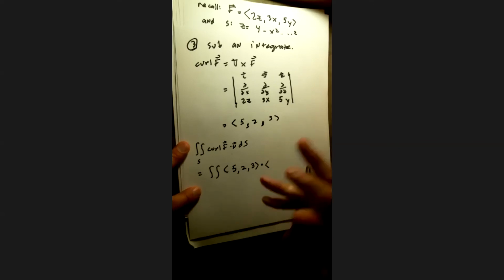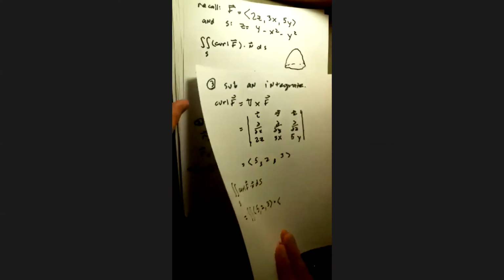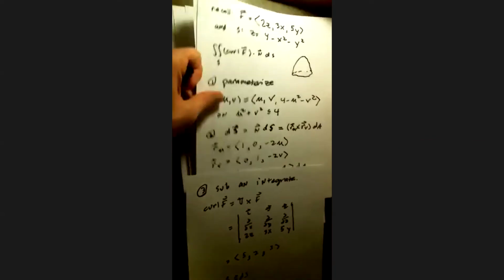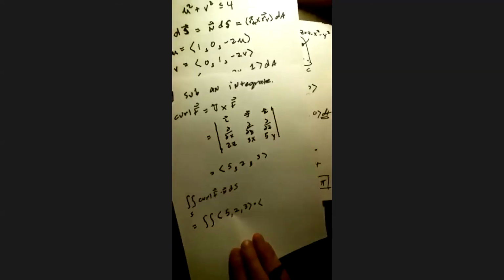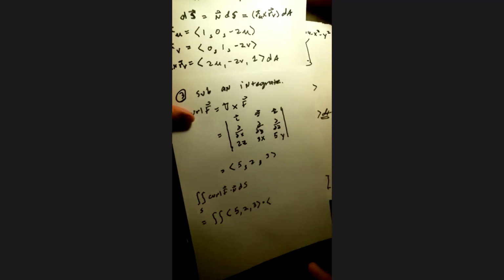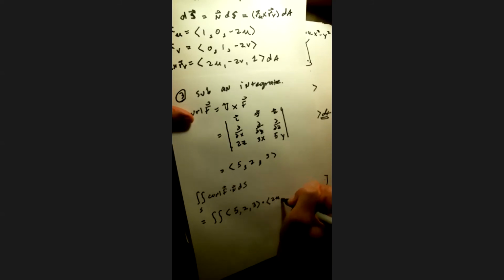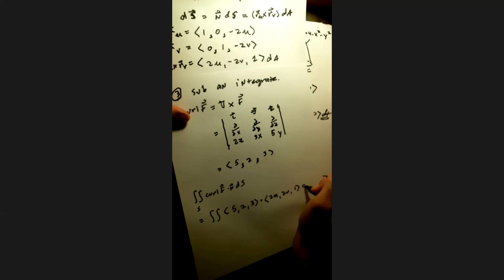I think that's, which was which? That's the 2u, 2v, and 1, right? Yeah, 2u, 2v, 1. And this is going to be dA still.